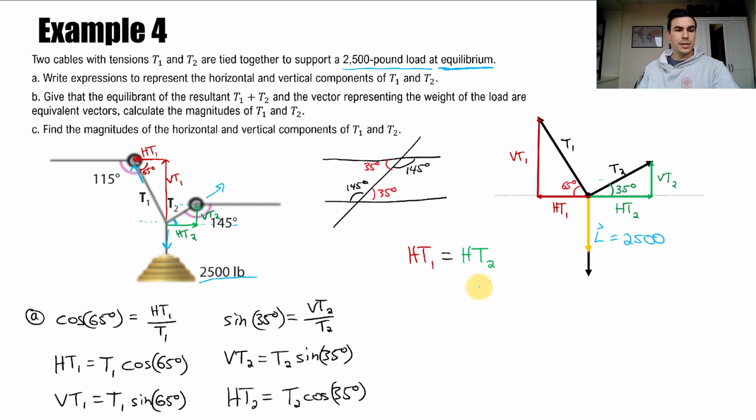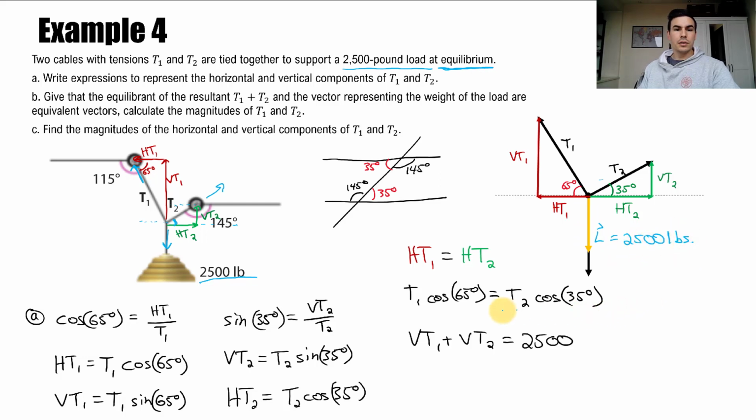So we can go ahead and use these equations that we just found, and set those equal to each other. And then I also know that because it's not moving up or down at all, the vertical components of my tension are going to be equal to the load that we have, that's 2,500 pounds.